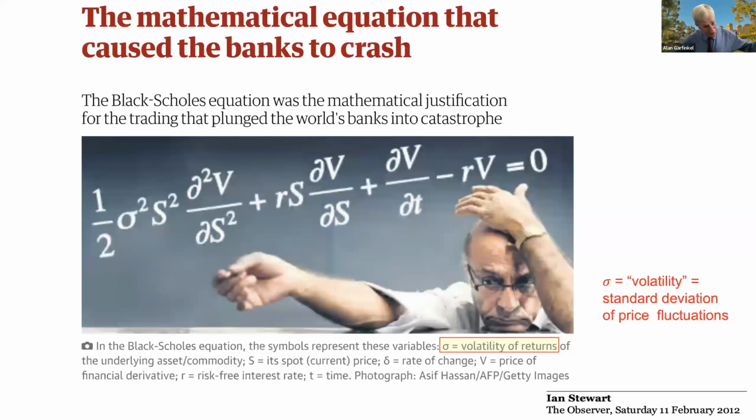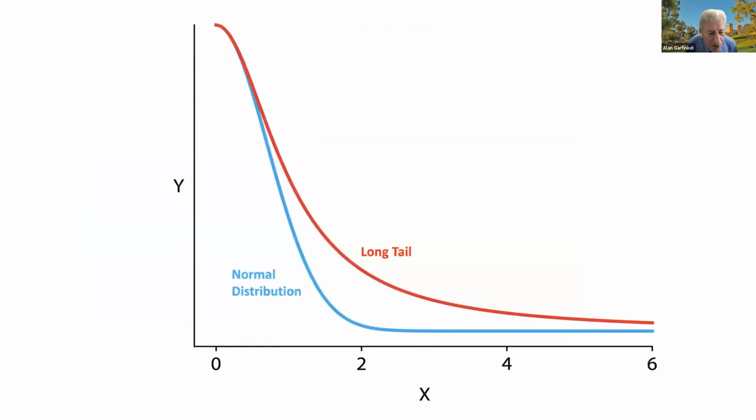If big price fluctuations are unlikely, then my option is more valuable. So built into the equation is this sigma, which they call volatility, but what it is is the standard deviation of the price fluctuations. In other words, they're assuming that price fluctuations follow a normal distribution. Therefore, very few big deviations.